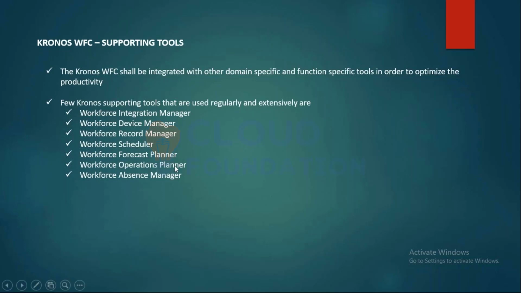Workforce Operations Planner is something similar to activities, and that's used for bidding within organizations. Employees can bid for any open jobs and they can get transferred to the job. They can make some extra money with that. And the last one is Workforce Absence Manager, which contains both attendance and leave.